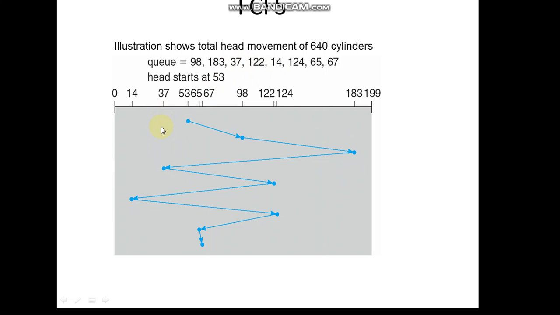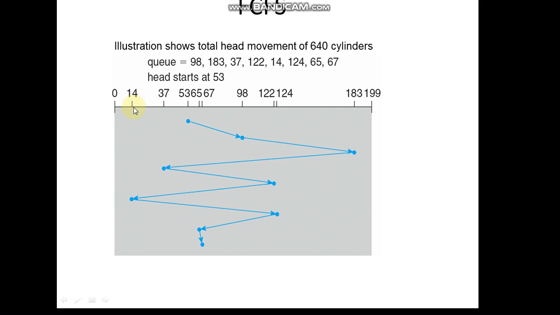Then it is moving to 122. After that we have 14, so moving back to 14. From 14 it's going to 124, then back to 65, and from 65 to 67.